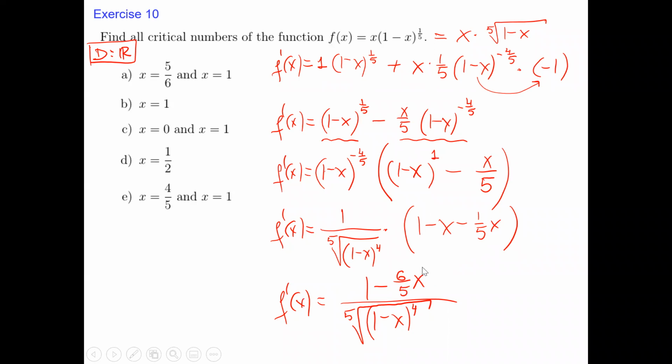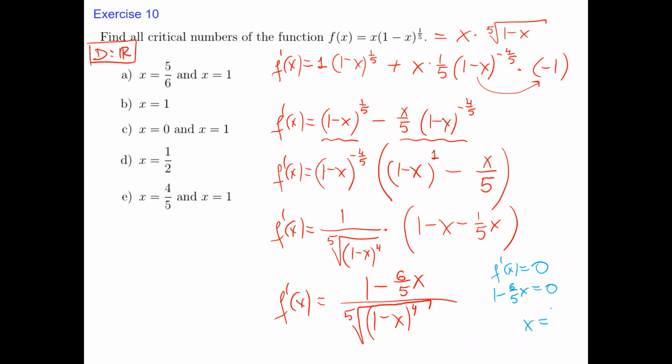Okay, derivative is 0. What we can do, let's do this. Derivative is 0 if the numerator is 0. 1 minus 6 over 5x equals 0.